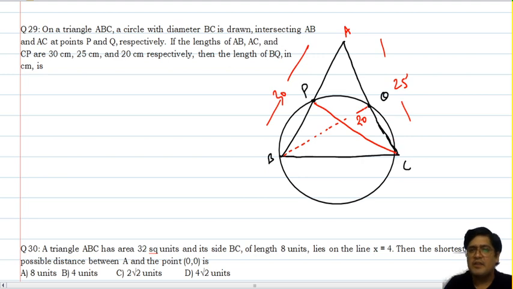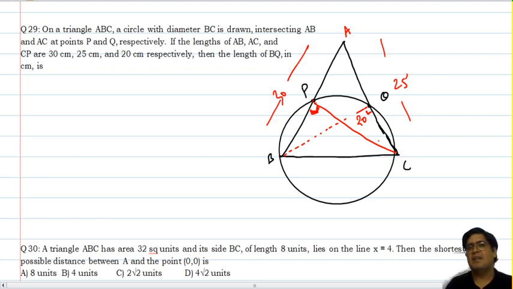The diameter subtends the angle 90 degrees on the perimeter of the circle. So indirectly I have just now received the perpendicular CP on the base AB. By same reasoning, BQ will be perpendicular on AC.